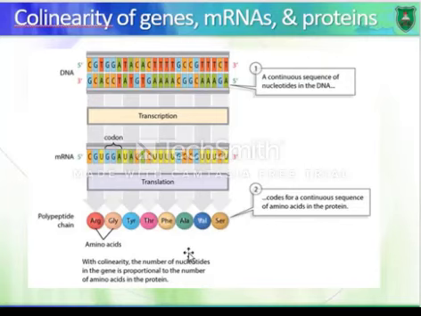So as you can see here, the number of nucleotides in the gene is proportional to the number of amino acids in the protein. We call it colinearity of genes, mRNA, and proteins. So in general, when you have a longer DNA sequence or a gene, then you will have a longer mRNA sequence and you will have a longer polypeptide chain. So that's why it's called linear.